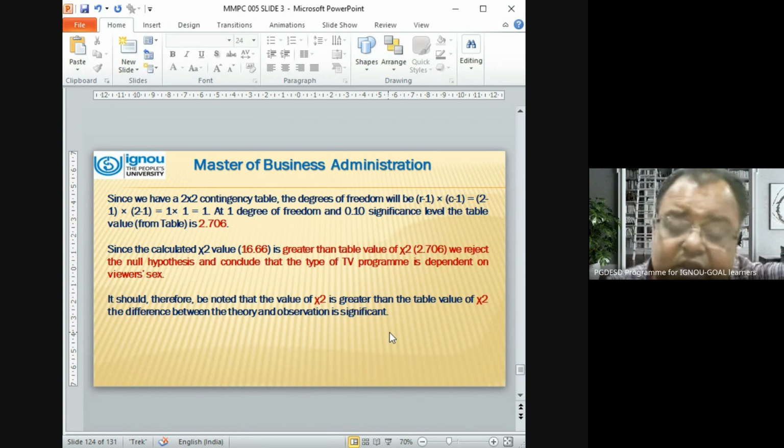Therefore, your degree of freedom will be 1. And for degree of freedom of 1 and at level of significance of 0.1, your tabular value is 2.706, which is much lower than the calculated value. Therefore, we will be rejecting null hypothesis.